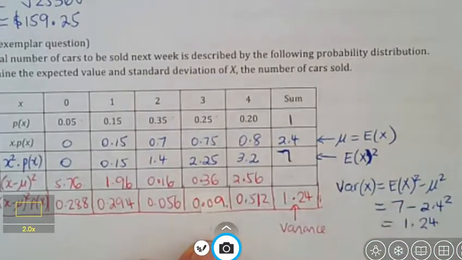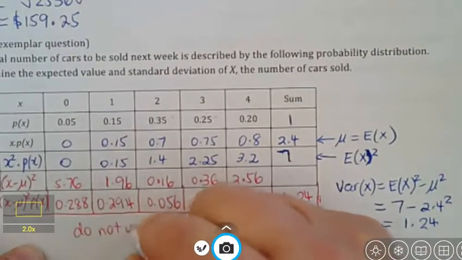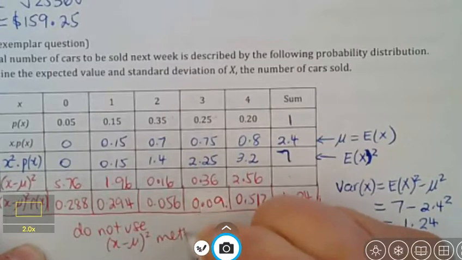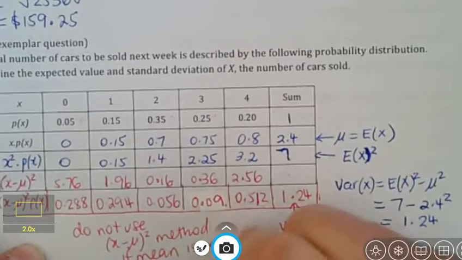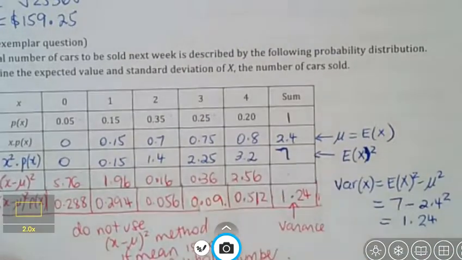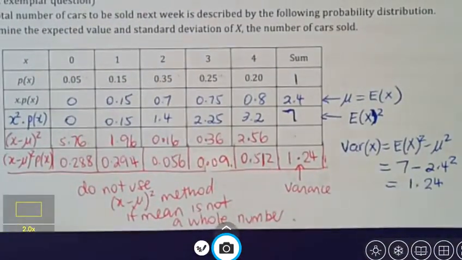You can see why we have the alternative formula. So do not use the x minus mu squared method if the mean is not an integer, is not a whole number. Okay? Because you can see it's extremely messy and a lot of chances to make an error.